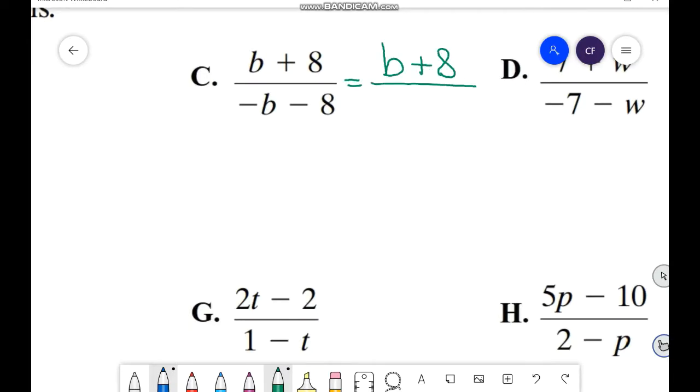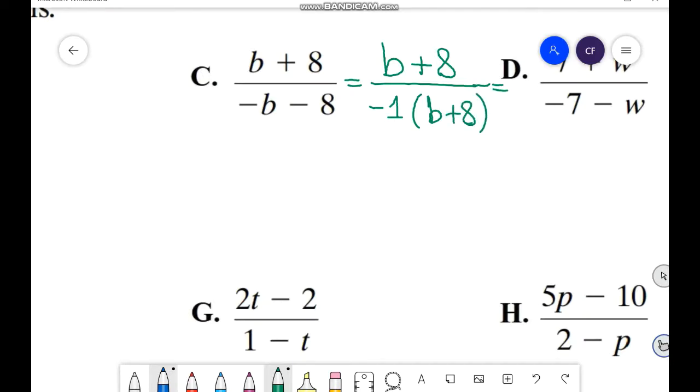and on the denominator you have negative b minus 8. It looks like they are the opposites. So we need to factor out negative 1 to make sure they are the opposite. You have b plus 8.